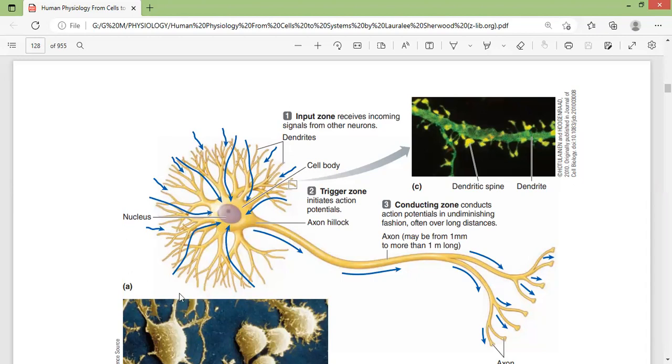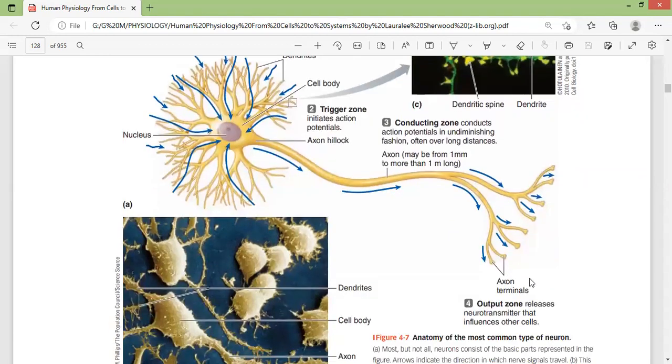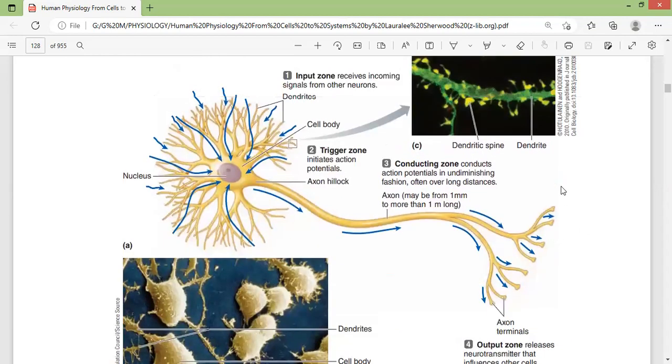The dendrites will then transmit this info all the way down to the axons. From the axons, they go all the way to the axon terminal. The axon terminals will connect with other neurons through the synaptic clefts and things like that.